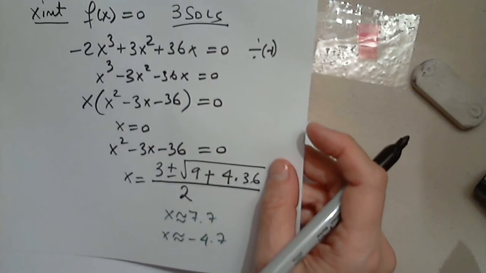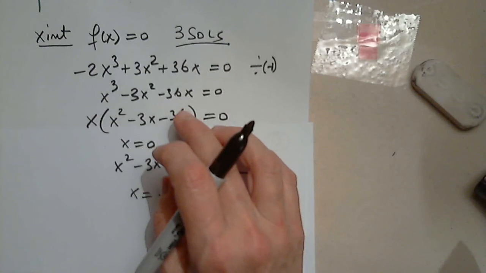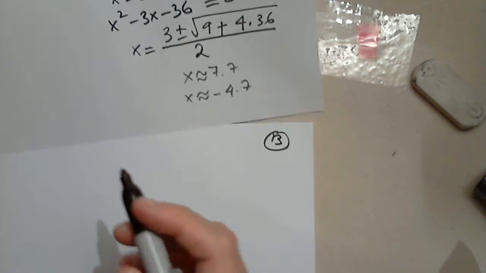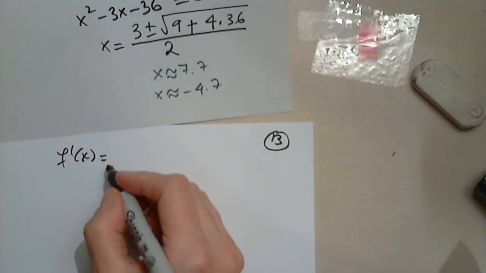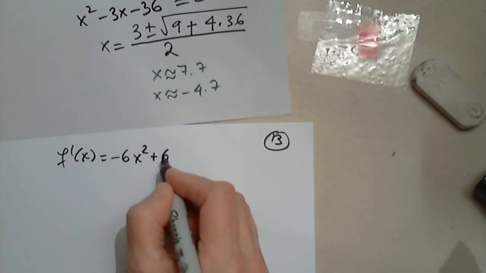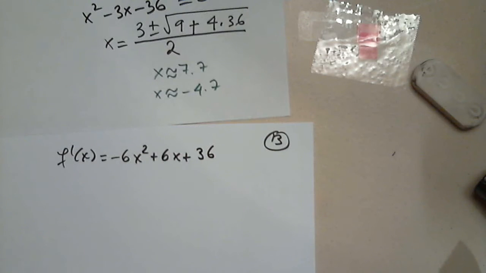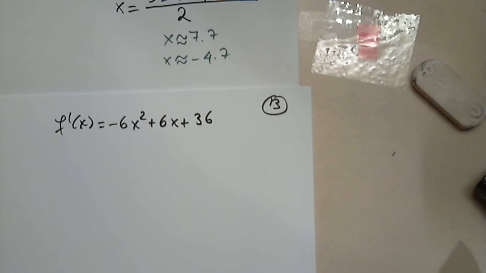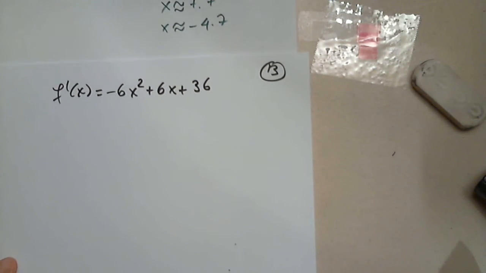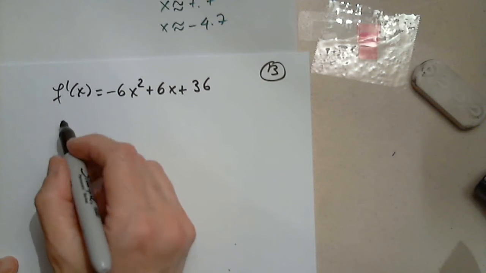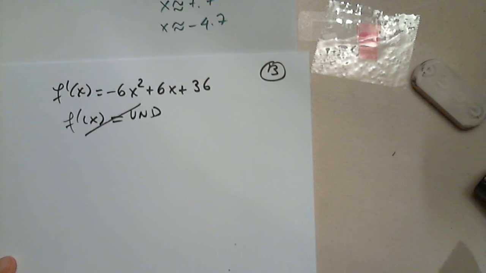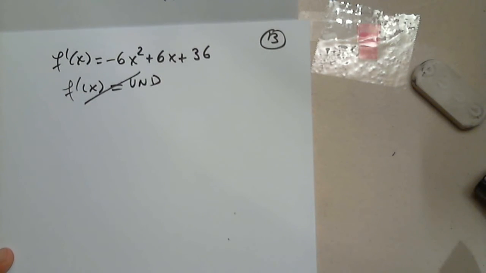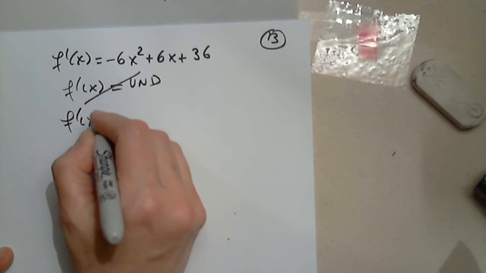So function, where are you function? I have it here, actually. So f prime is negative 6x squared plus 6x plus 36. I'm looking for critical numbers now. They cannot come from f prime of x being undefined. That's not possible for a polynomial. But they may come from f prime being 0.